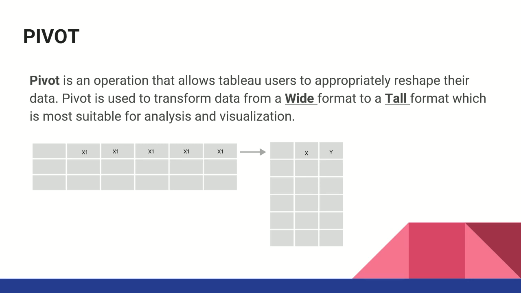And then we have pivot. What is pivoting in Tableau? How does it work, right? So pivot is an operation that allows you to reshape your table, right? It converts your table. There's something we call a wide table and a tall table, right? A table in a wide format is not good for creating visualization.